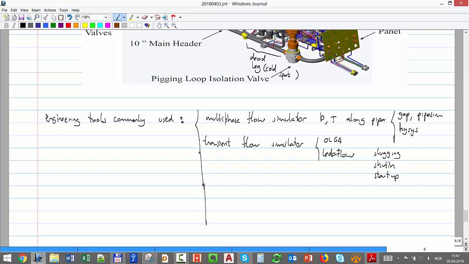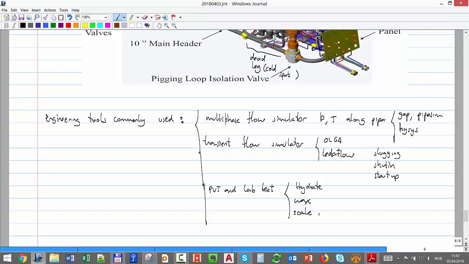Other things that are extremely important: you use it for erosion, for example, to verify the velocities in the pipe. Other things are PVT and lab tests. Okay, that you make to estimate hydrate, wax, scale.